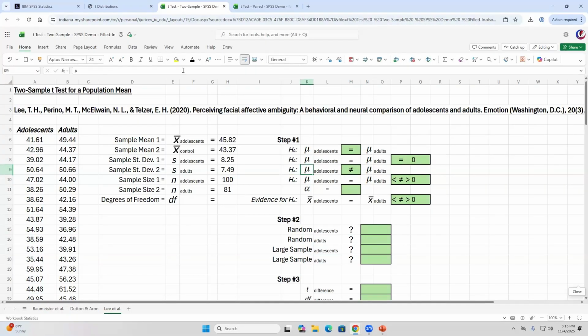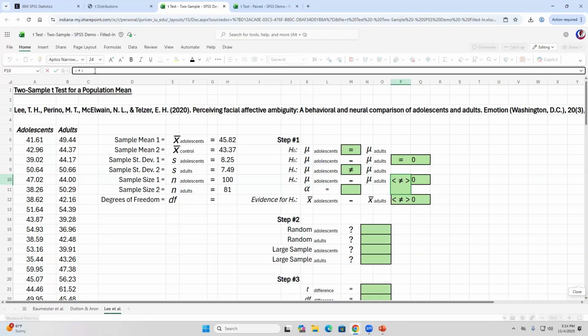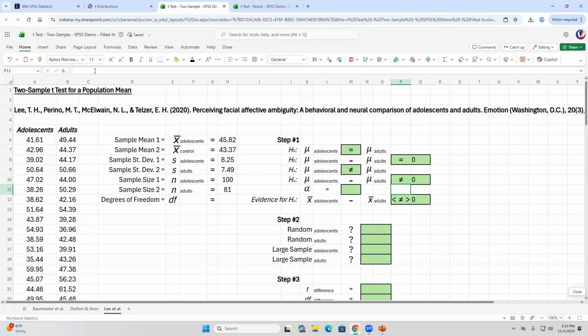Our alternative hypothesis is that the population mean of sensitivity to facial expressions for the adolescents is not going to equal that of the adults. The alternative way to write that is that the mean for the adolescents minus the mean for the adults is not going to be equal to 0.